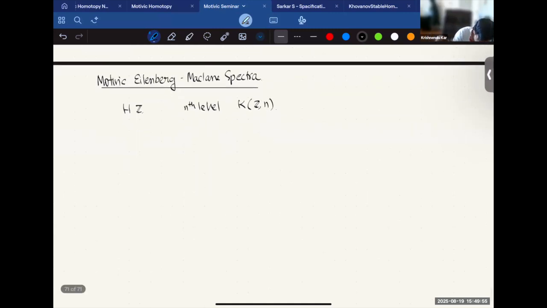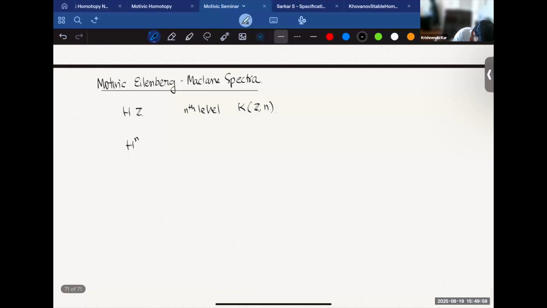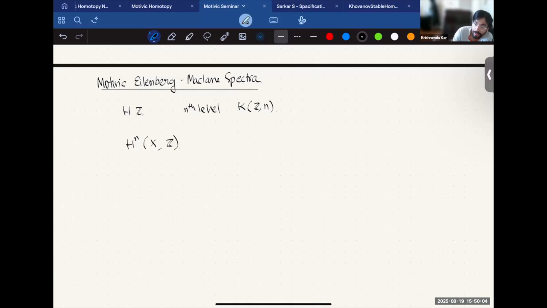So what do I mean by that? That's the important part, because this is exactly what we're trying to imitate. This is your usual singular cohomology theory, nothing special, for actual topological spaces.